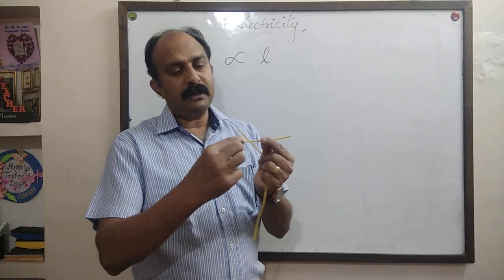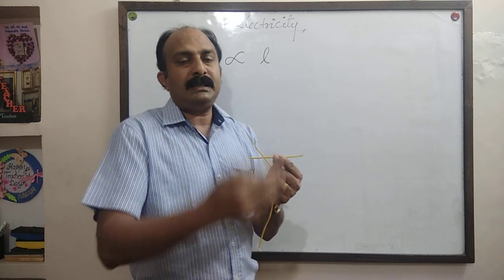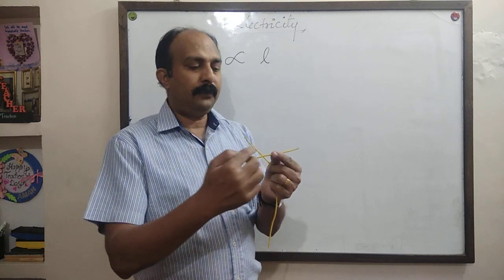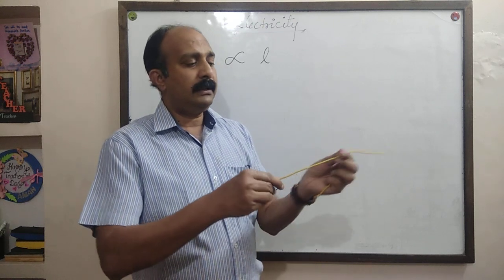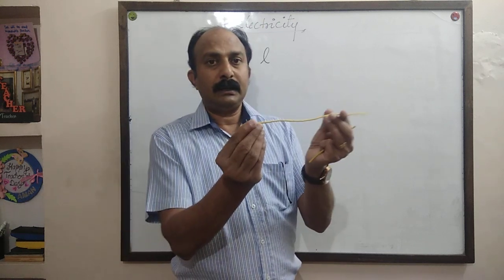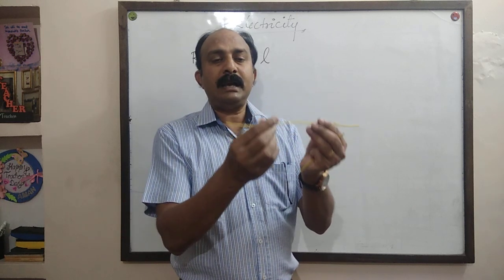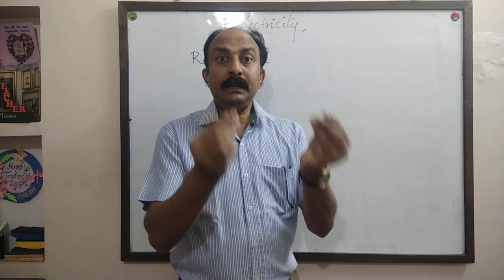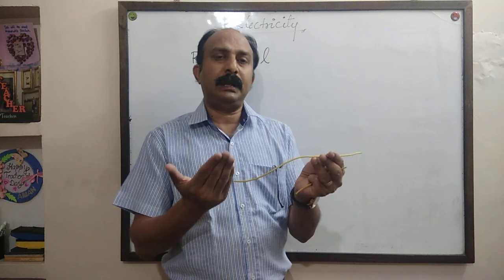When it travels from this end to this end, it has to overcome the resistance offered by this wire. But as it travels through the wire, as the length increases, its resistance, its opposing power, will also increase.